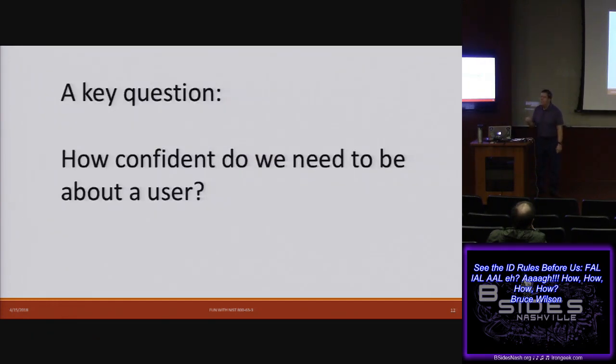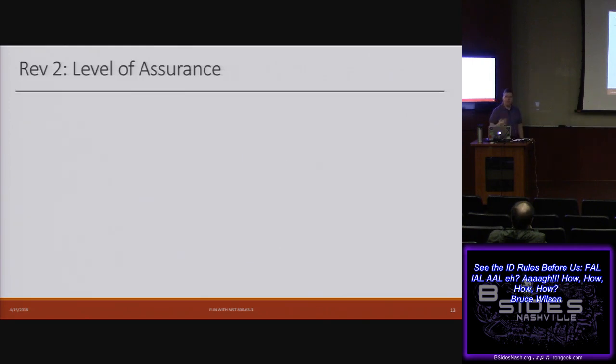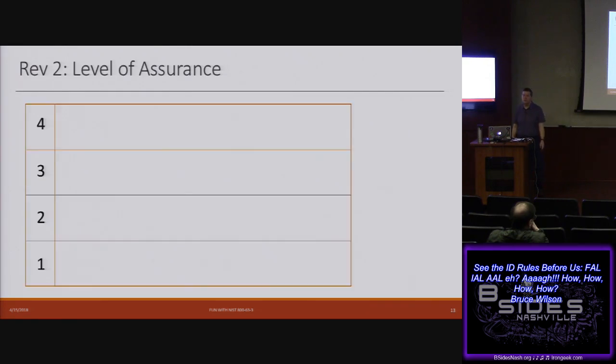But it leads to a very important question as somebody running an information system. How confident do I need to be about which particular dog is using my system? And of course the answer is, it depends. This "it depends" translates into revision 2 in something that they called a level of assurance, LOA, which is constantly a term that's being used.